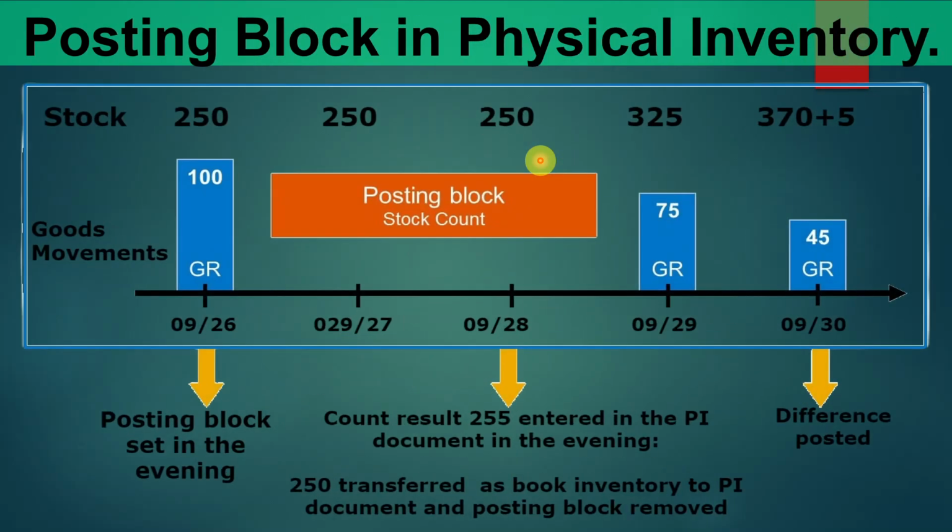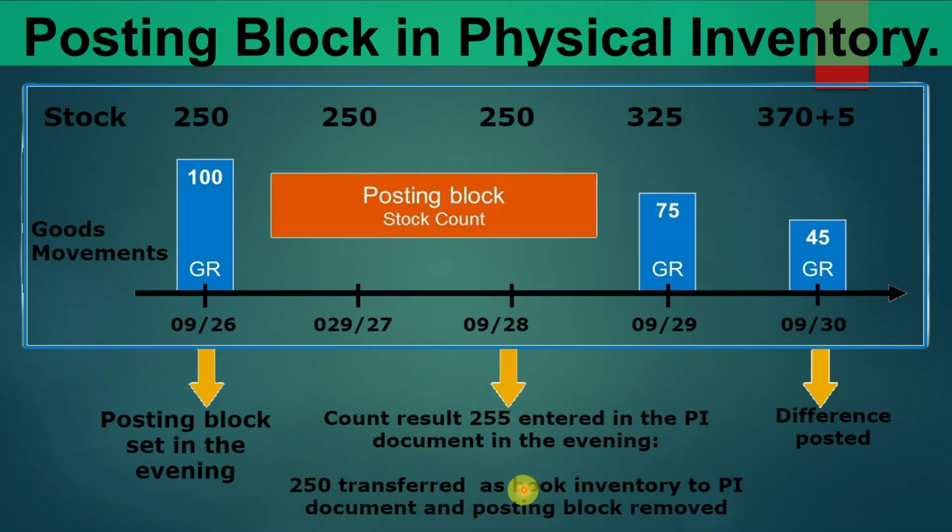Then we will see how it works exactly. So let's see, we have a stock of 250 and here post block is set on this date, so the system will not allow posting anything. The count resulted in 255, which means after the count it is observed that the book stock is 250, but the actual material found is 255.